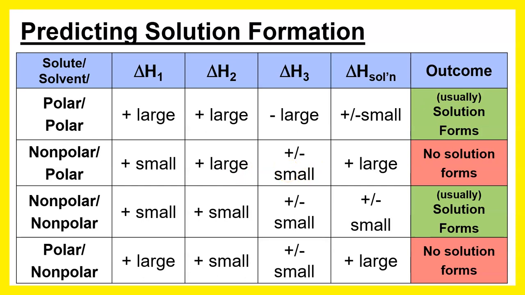That's not really going to release much energy. So you typically end up with a large positive value, which means it's not favorable typically. Unless something about that entropy is going to way outdo it, your solution won't form.